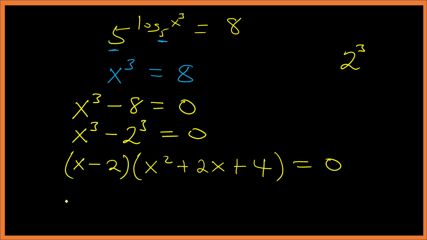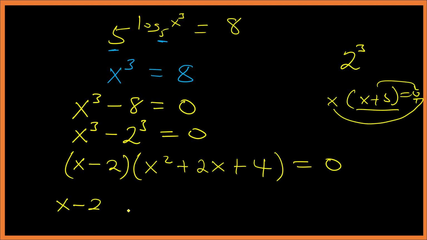All right, so remember when we are given x times (x plus b) equals 0, the first answer is x equals 0 and x plus b equals 0. So I have x minus 2 equals 0 and x squared plus 2x plus 4 equals 0.